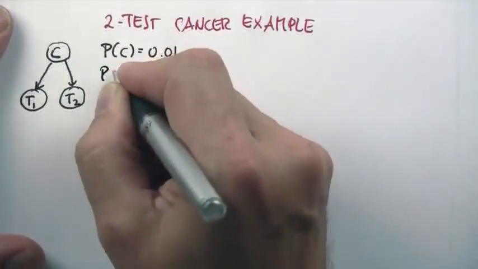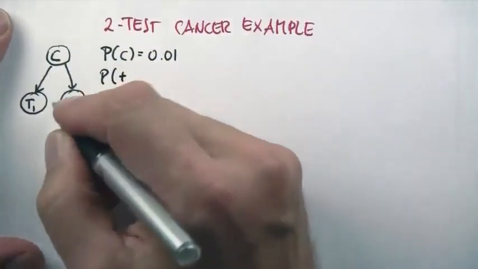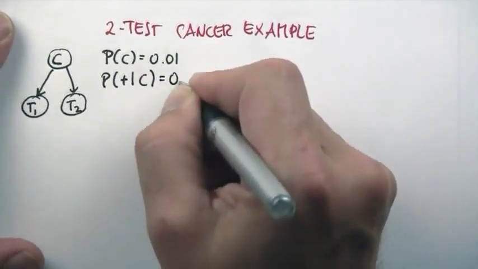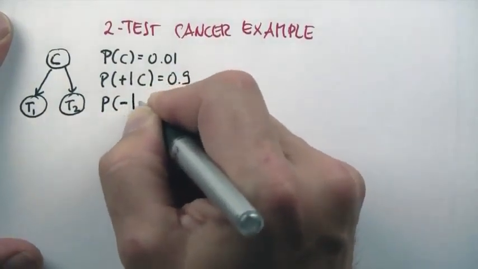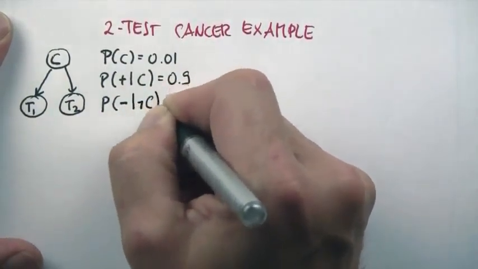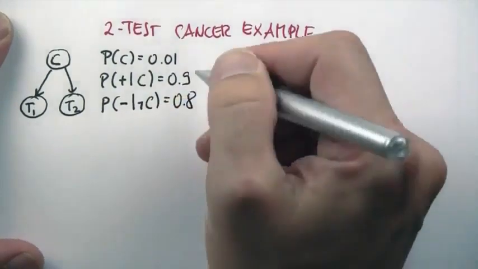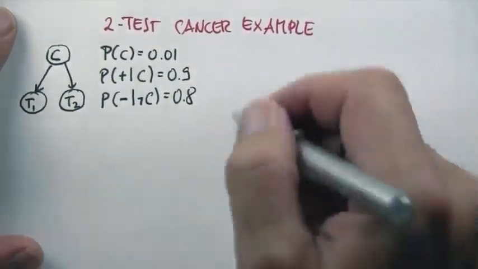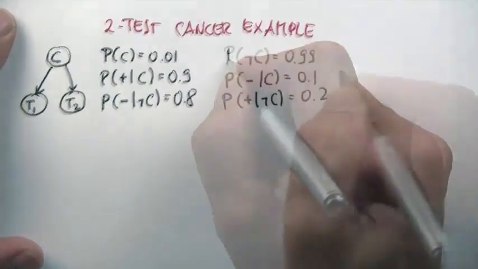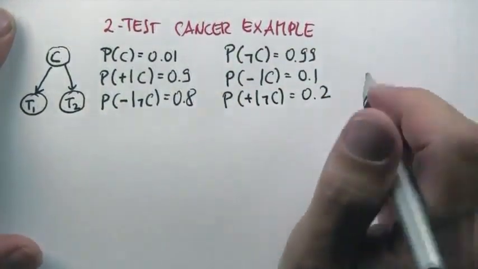The probability of receiving a positive test result for either test is 0.9. Probability of getting a negative result, given that I'm cancer-free, is 0.8. And from those, we were able to compute all the other probabilities, as I'm just going to write them down over here. So take a moment to just verify those.